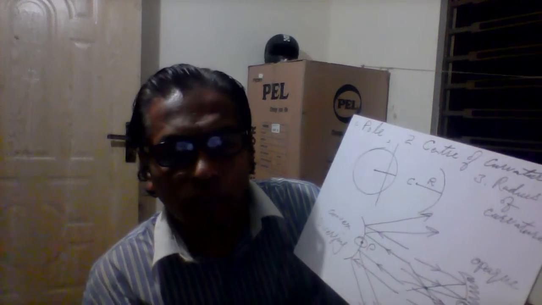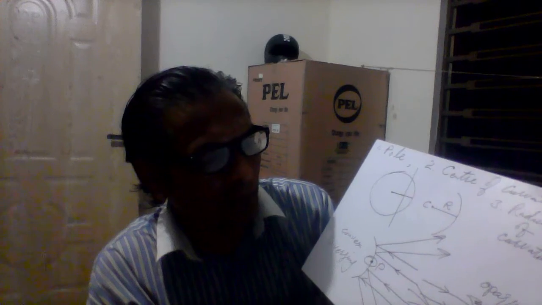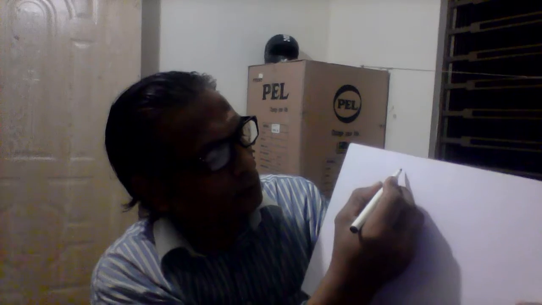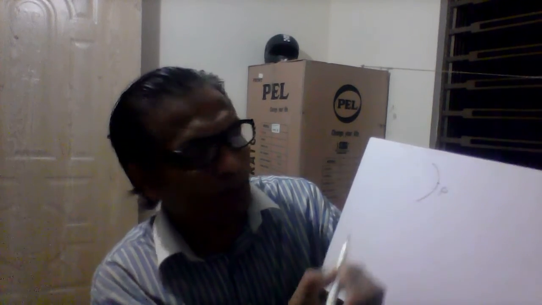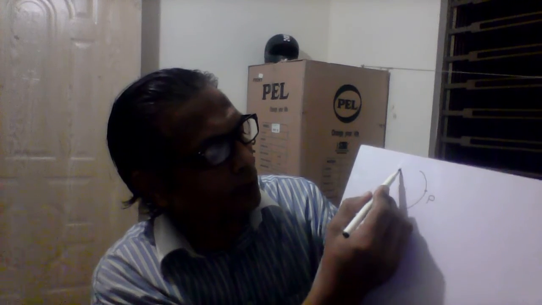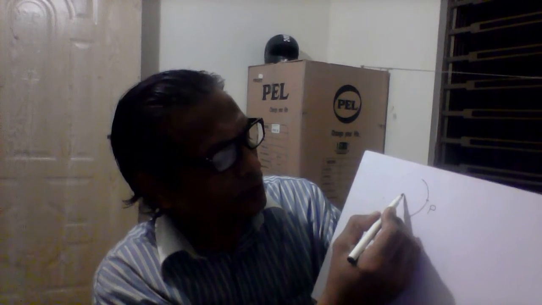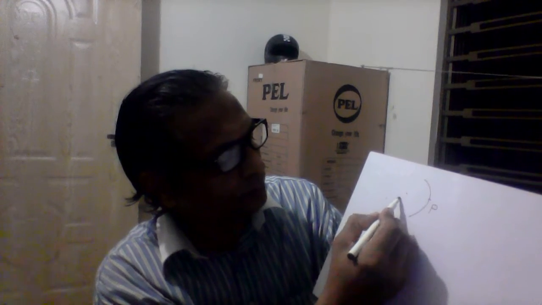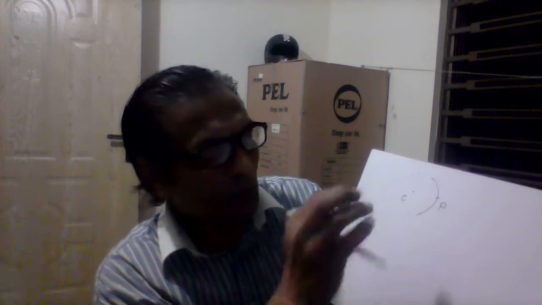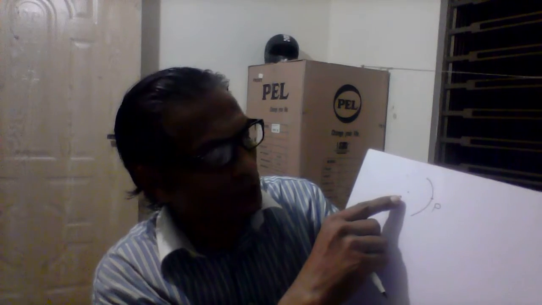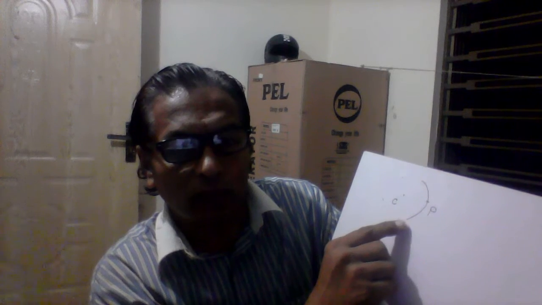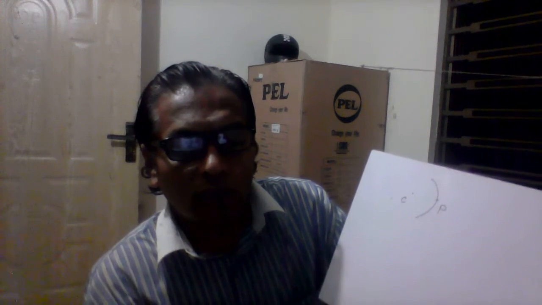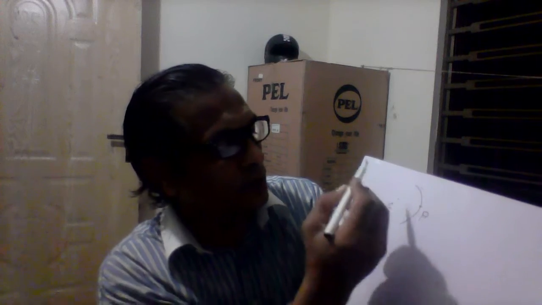Now the fourth term arises over here. How will we use 2 points? One is this pole P, and here this is center of curvature. This is pole P of this spherical mirror, and this C is center of curvature for this spherical mirror. Now we will define principal axis.